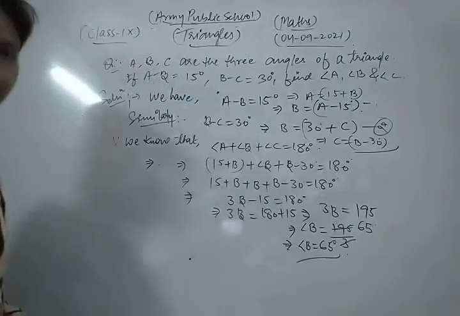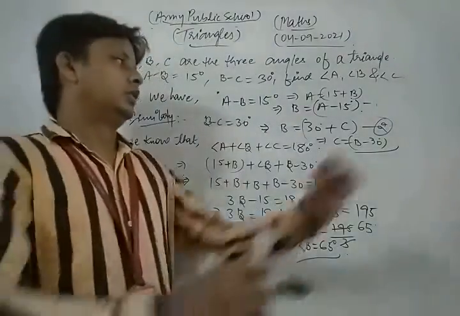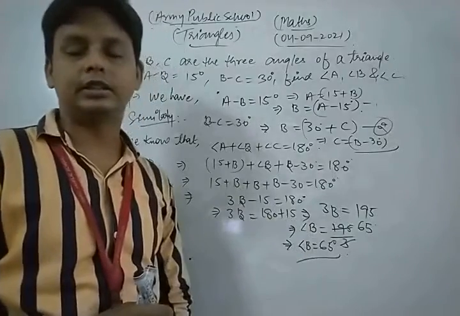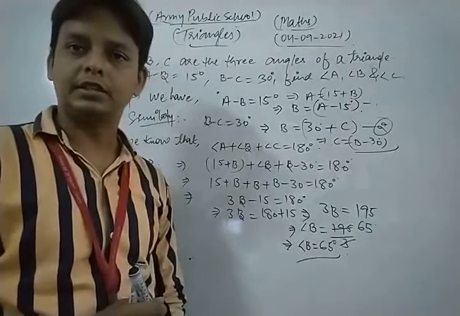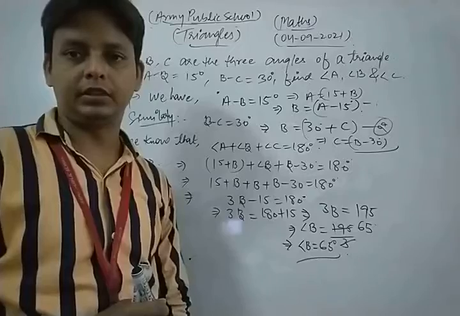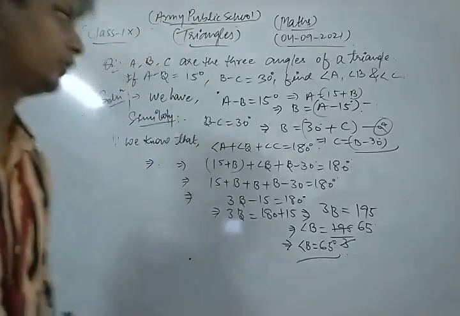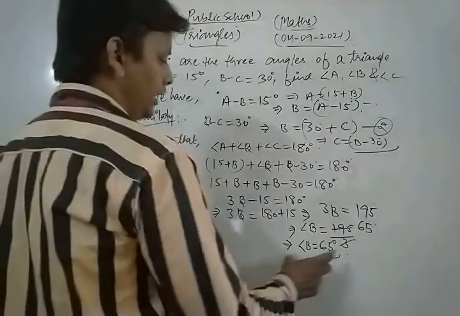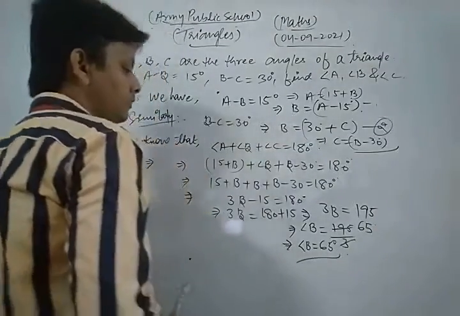In this way, we get the value of angle B is 65 degree. Okay, dear students, now look. In this way we find the value of angle B.